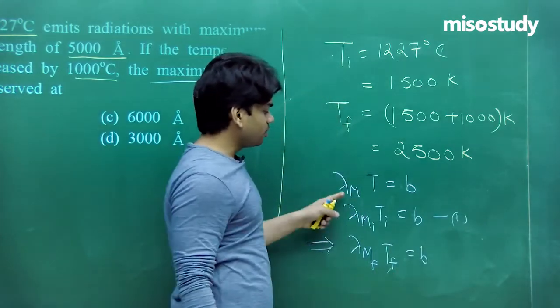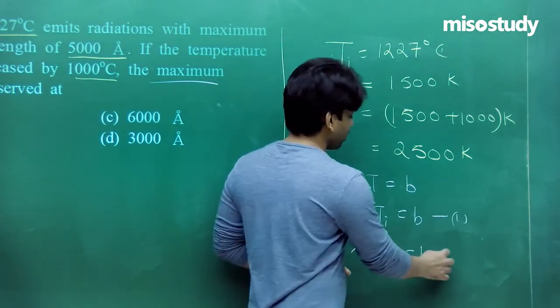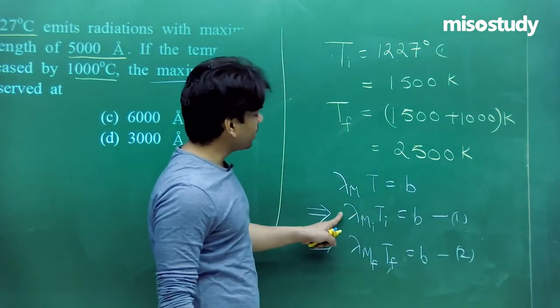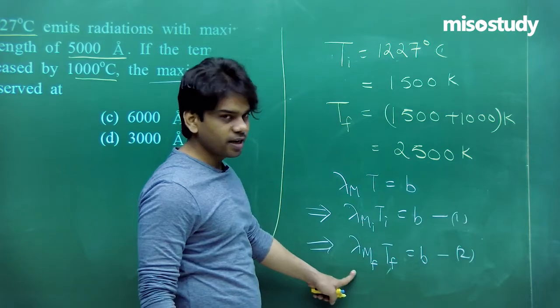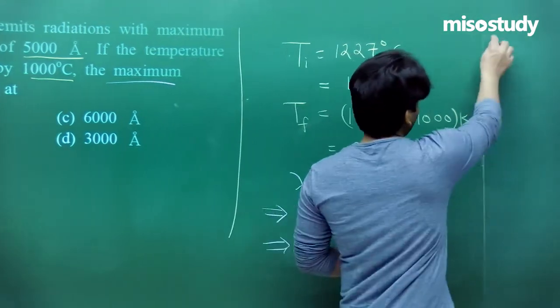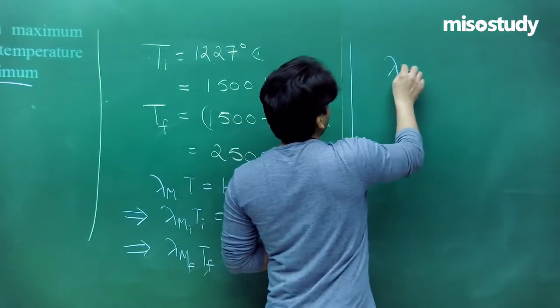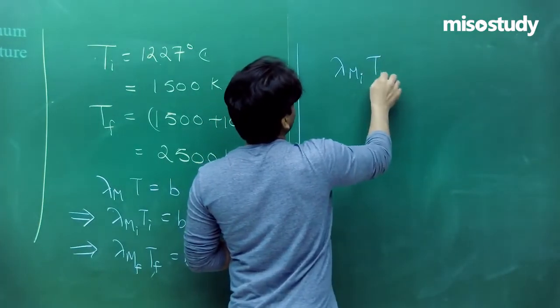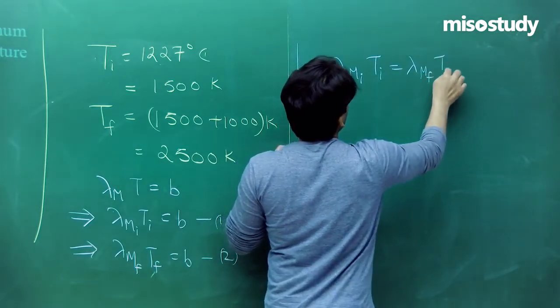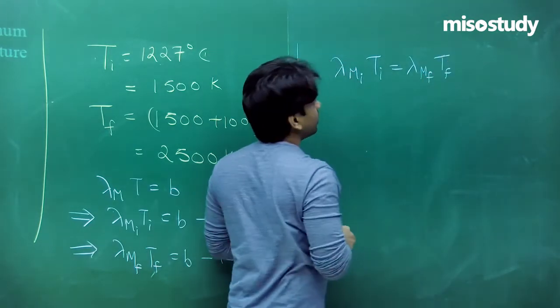If we divide equation 1 by 2, we get lambda m i into Ti is equal to lambda m f into Tf. We are going to obtain this.